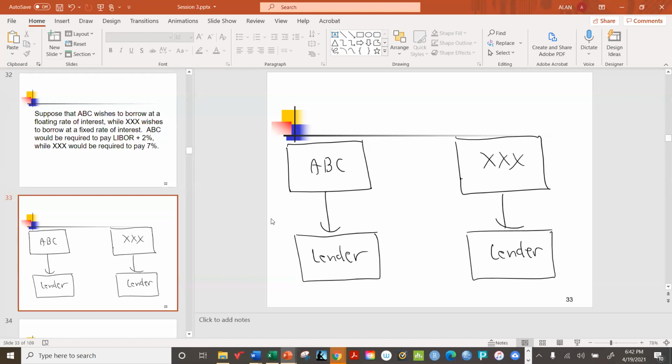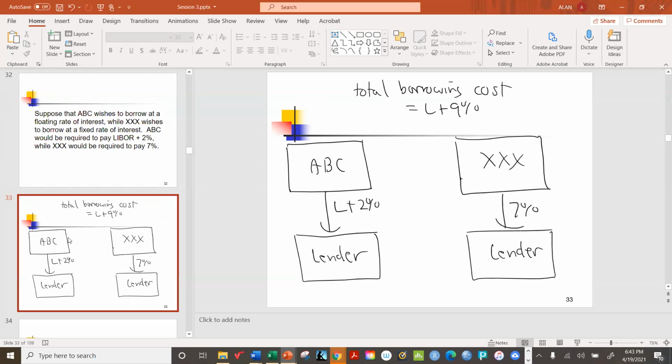All right, let's try that again. ABC is paying LIBOR, I'll call that L, which is what they wanted to do in the first place. XXX is paying 7. The total that they're paying between the two of them is LIBOR plus 9%.